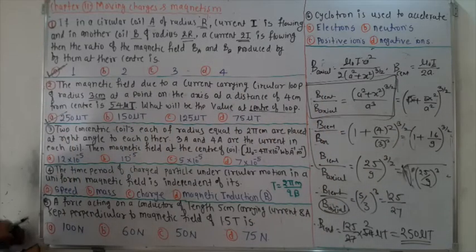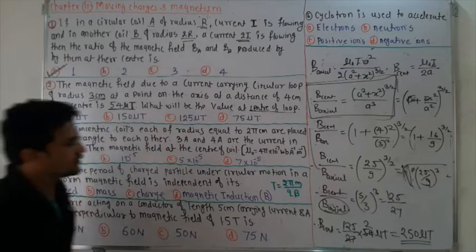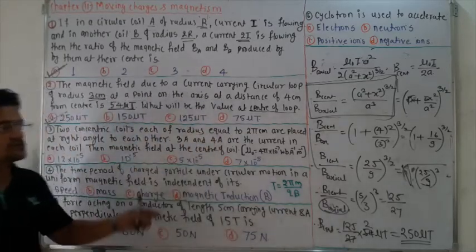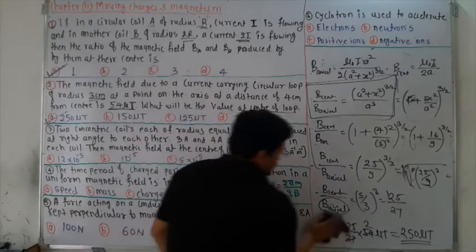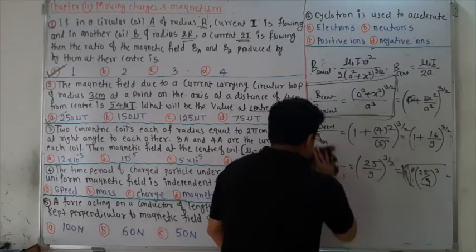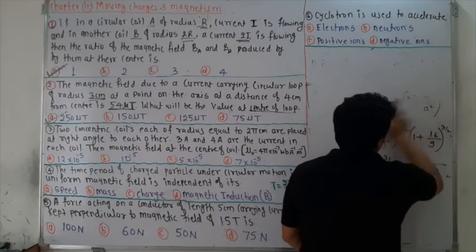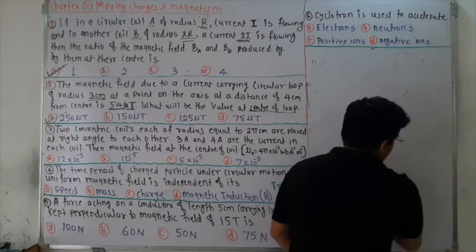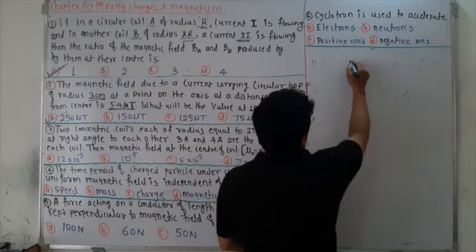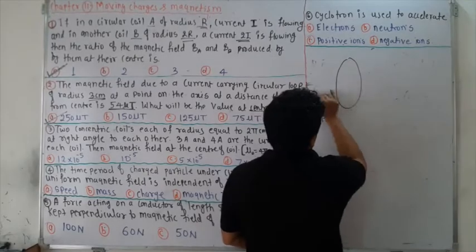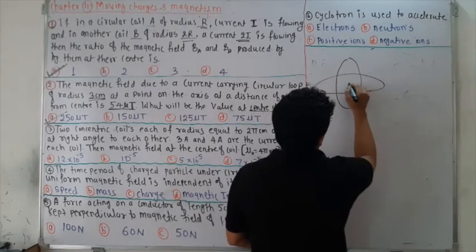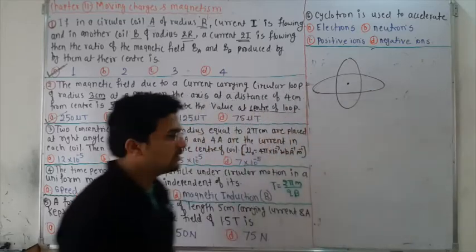Next is the two concentric coils. Just pause the video and see the solution. Two coils are there, their centers are the same, so one coil is placed like this and another coil is placed like this, perpendicular to each other, having a common center.